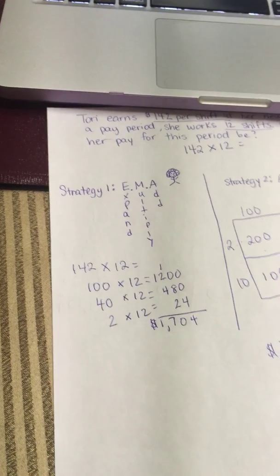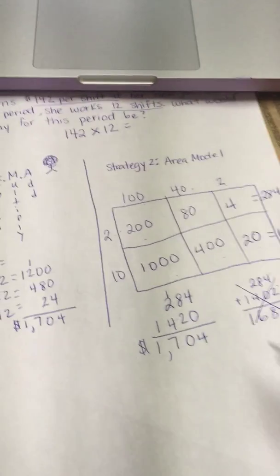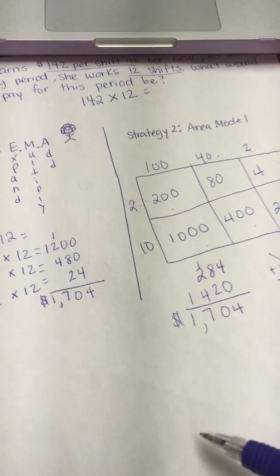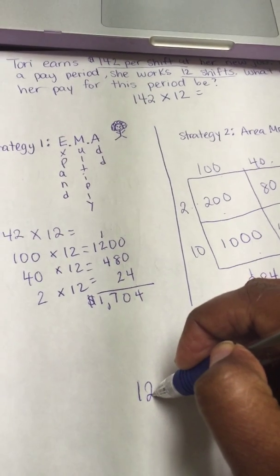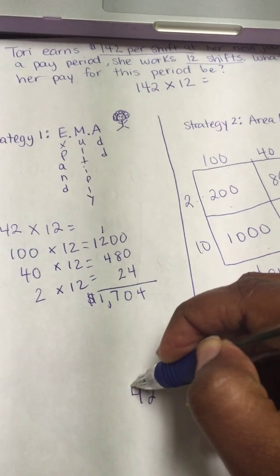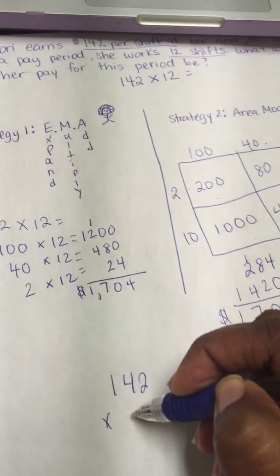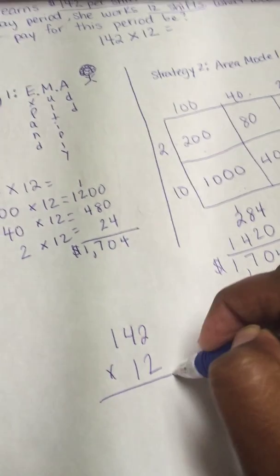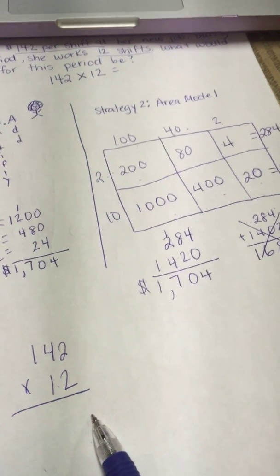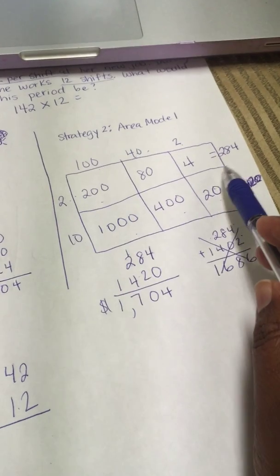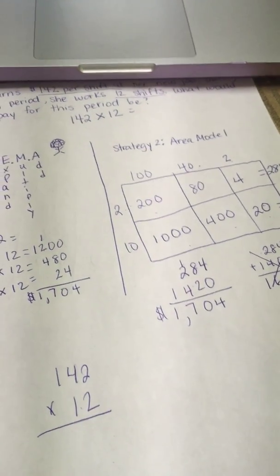So these are the 2 strategies that I use within my classroom when I was first introducing the standard algorithm. And once we got into the abstract, where I introduced it and began teaching it just like the standard algorithm, my students were able to notice that the partial products were the same.